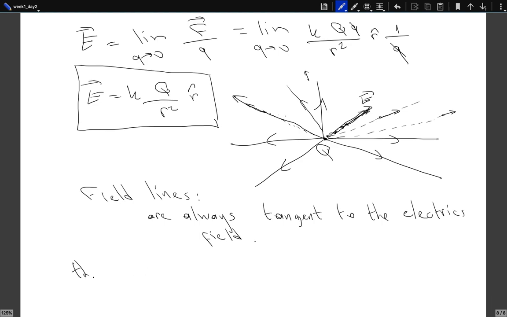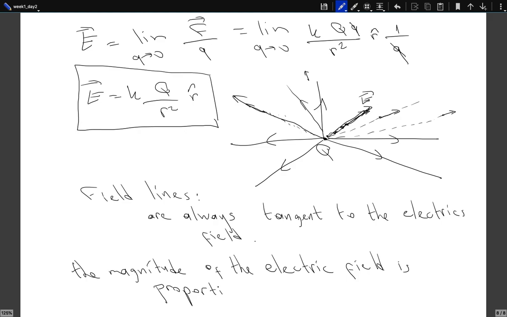And the magnitude of the electric field is proportional to the density of electric field lines.